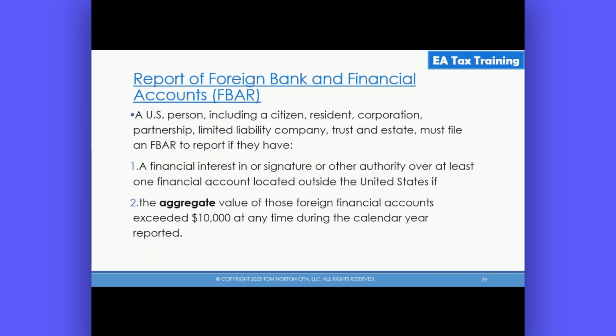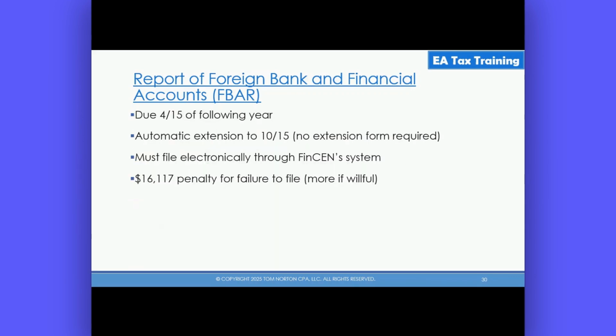Again, even if only for one day, you add up the value of all your foreign financial accounts. If that value is more than $10,000 at any point, then you must file an FBAR.